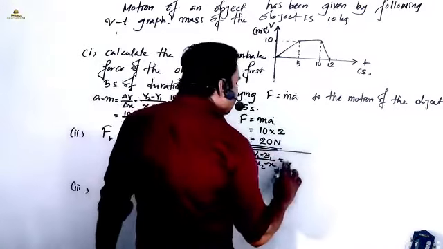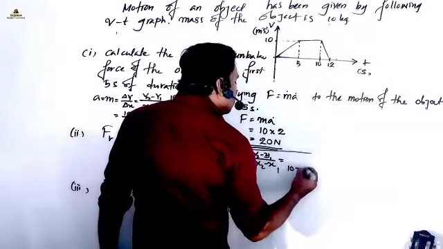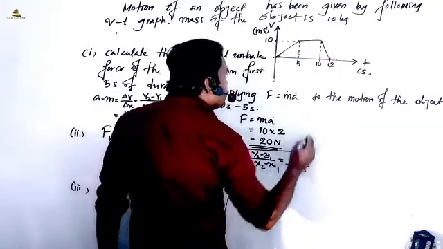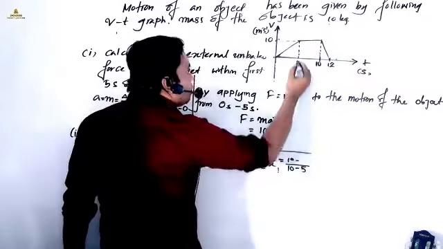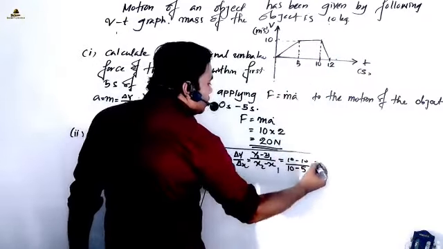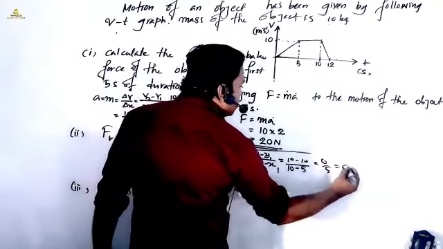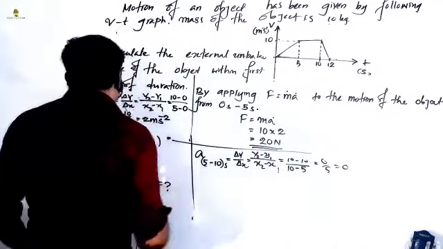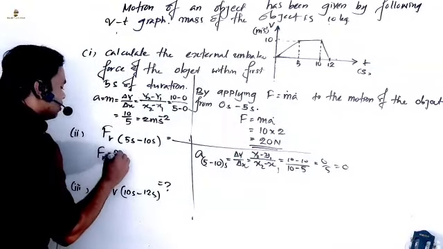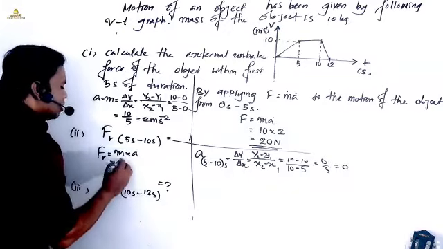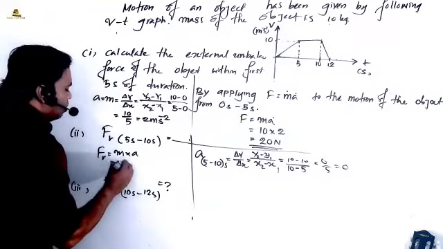You have to substitute x2 and x1 first: 10 minus 5. And the corresponding y values: 10 to 10. So 0 upon 5, that's acceleration is 0.